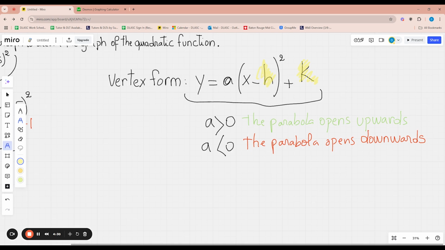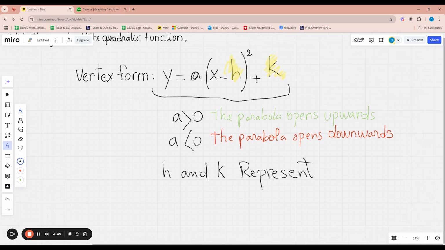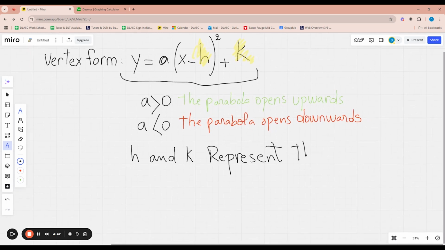So h and k represent the vertex of the parabola.